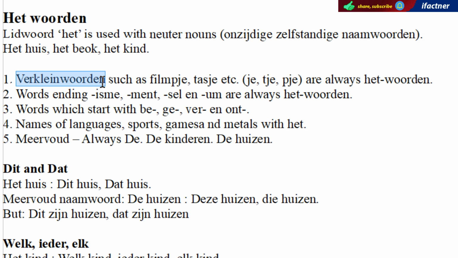For example, if we have a 5-minute YouTube film or movie, then we will call it a filmpje. From film to filmpje. Similarly, tas is a bag and tasje is a smaller bag.